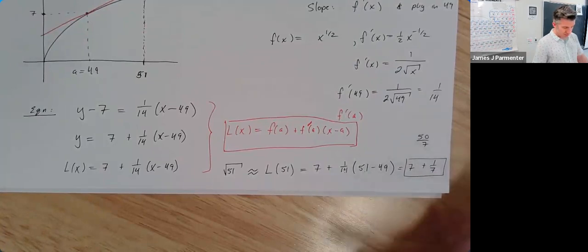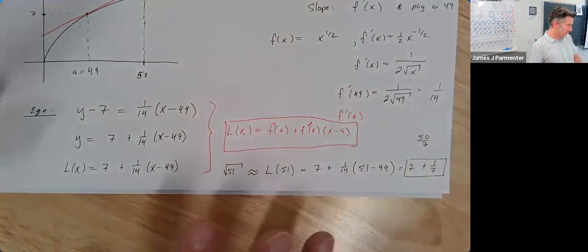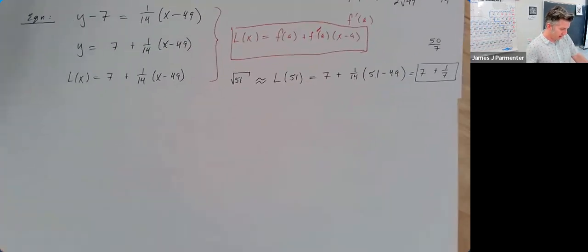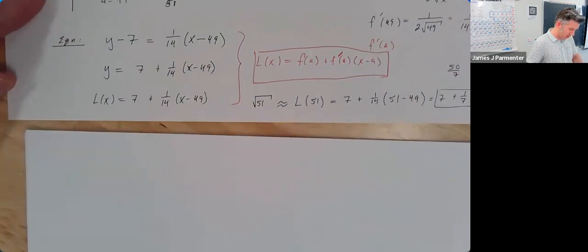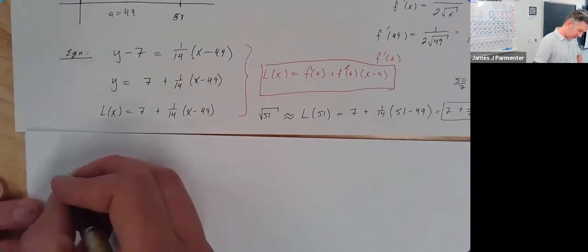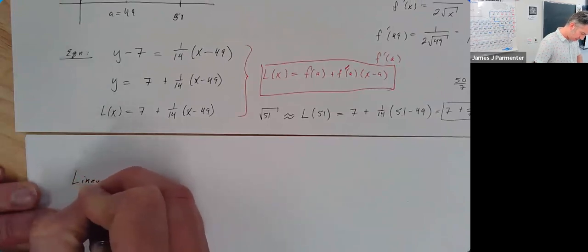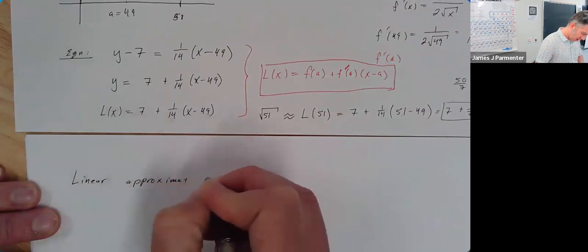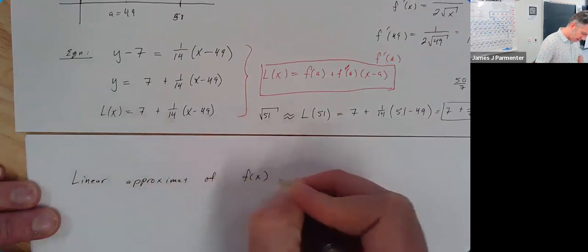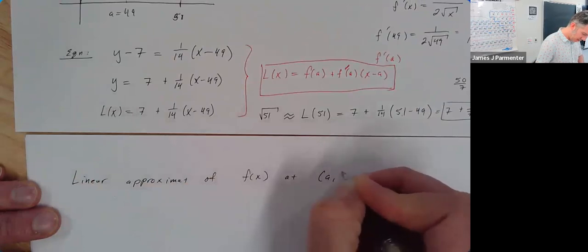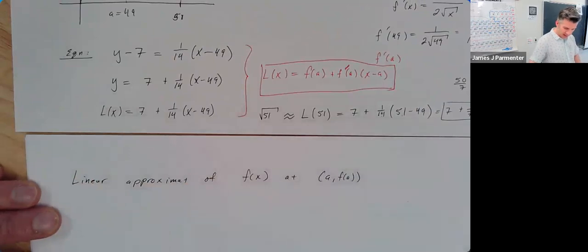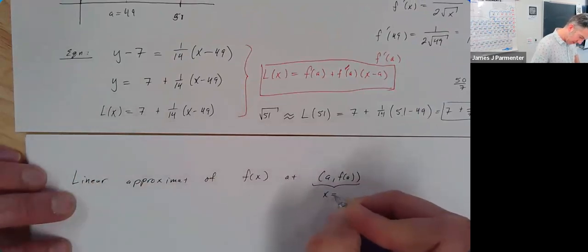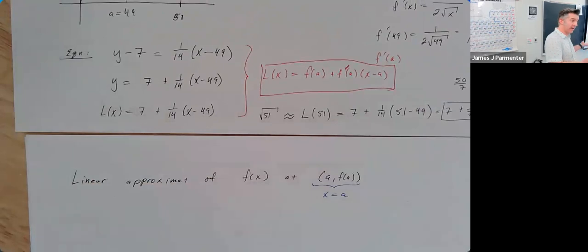Okay, so we're going to use this example still, but I want to go to the side for a second and just tell you what the linear and the quadratic approximations are. So the linear approximation of f of x at the point a comma f of a, or some people might say at x equal to a, and then you have to find f of a.